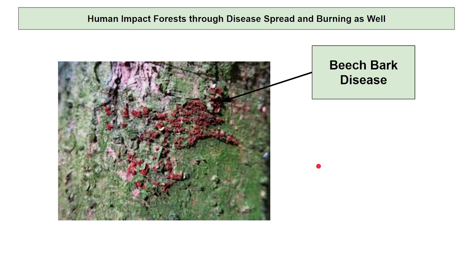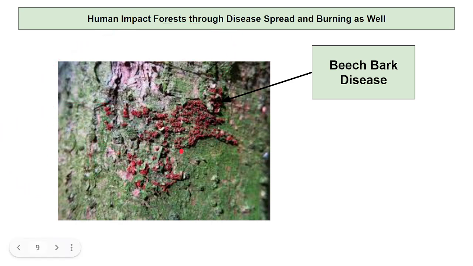Now, humans don't just impact forests through deforestation alone, but we also affect them through disease spread and also forest fires. A lot of times, when we travel from state to state or country to country, we can unwillingly pass invasive species along, including bacteria, fungi, or insects that can impact the health of trees.